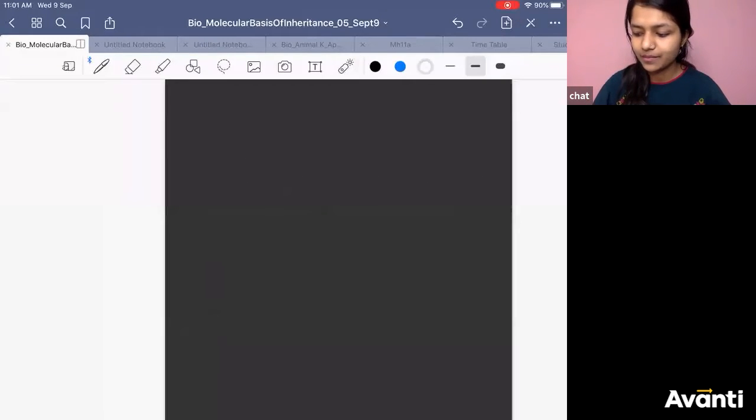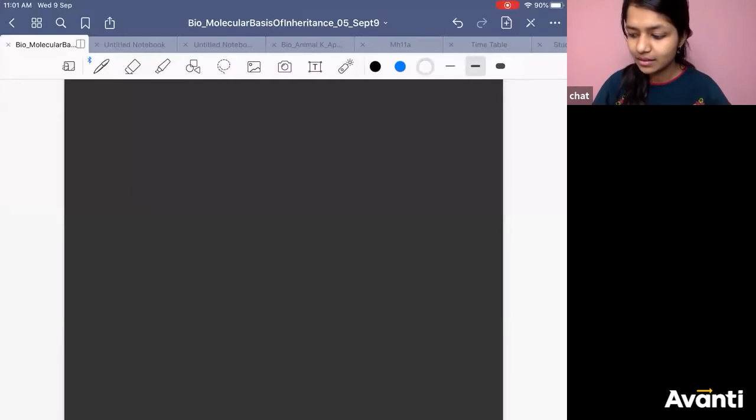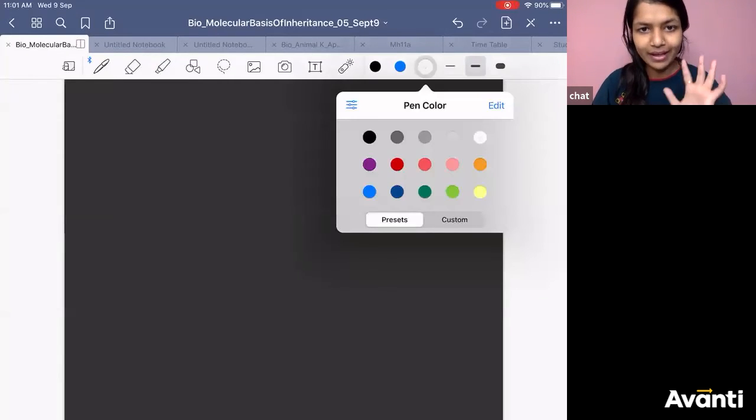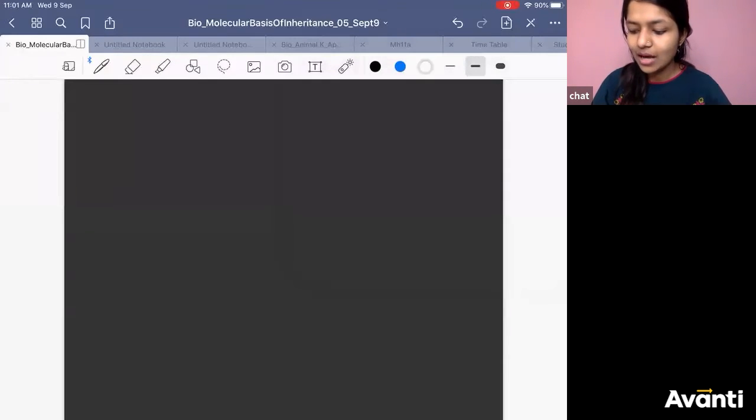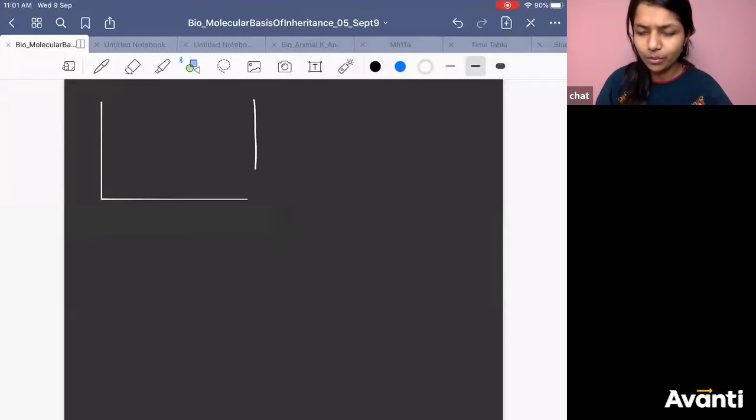Now what had he done? First generation. Look at it very carefully. Now the E. coli, which had N15, from here onwards the concept comes.